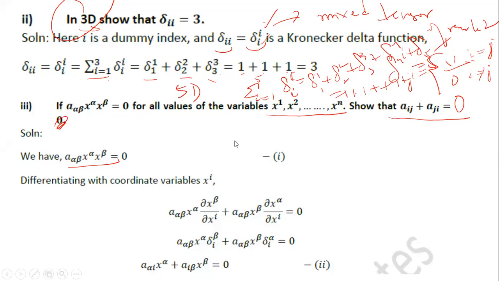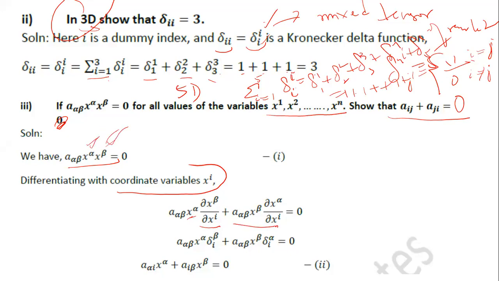Now, let us differentiate with the coordinate variable xi. So a alpha beta, we take it as a constant with this differentiation. x alpha, x beta, they are variables or the functions. So this will be differentiation of this function multiplied with x alpha. The second term will be differentiation of this multiplied with x beta.